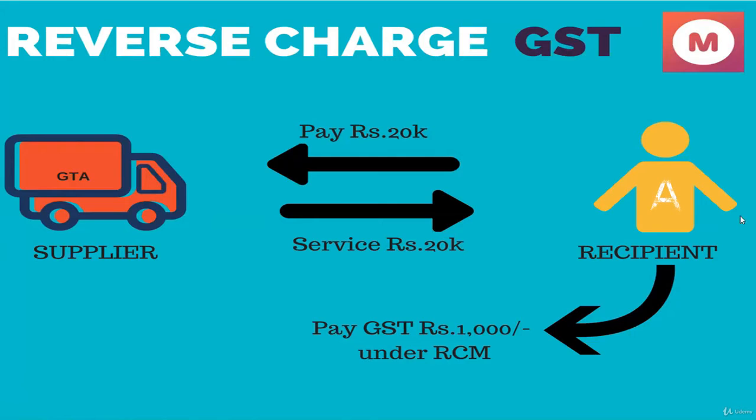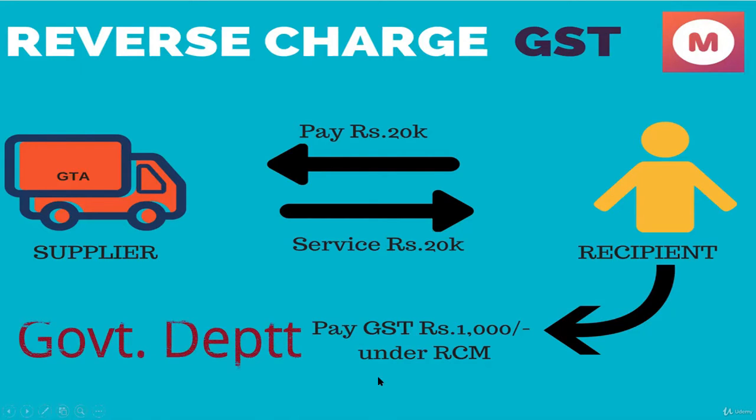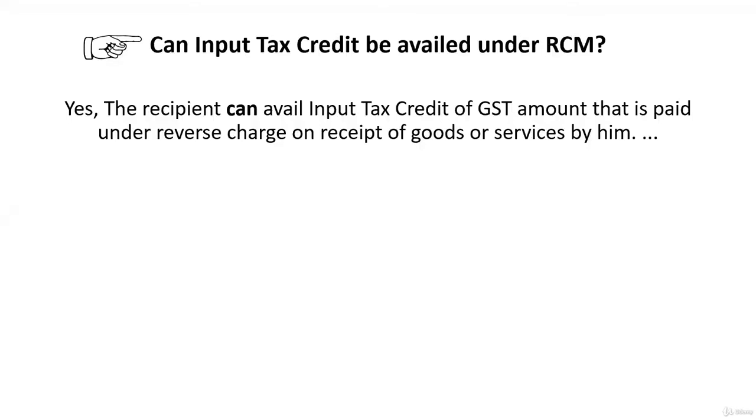The recipient of the service from GTA will pay only rupees 20,000 to the supplier, and the rest of the tax amount, that is 1,000 rupees, the recipient will pay as GST under reverse charge mechanism directly to the government department. So this is about the reverse charge mechanism.